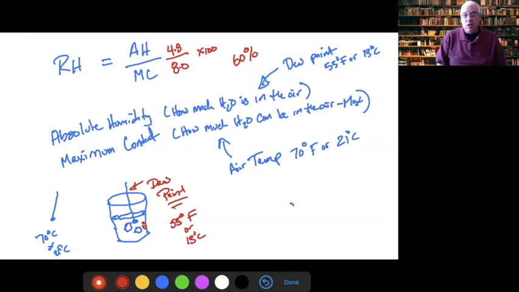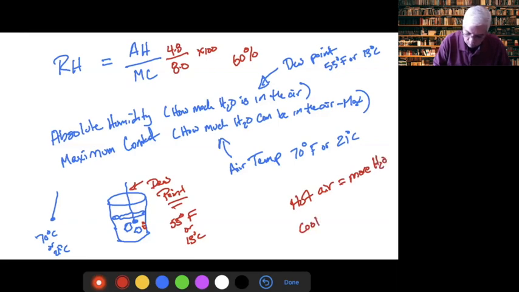That means the air can hold up to 100% of water, and you've filled it 60% of the way. Now, the principle here is hot air can hold more water.